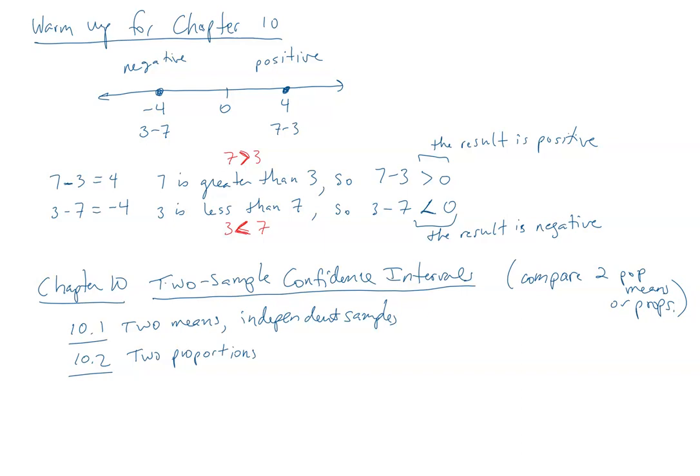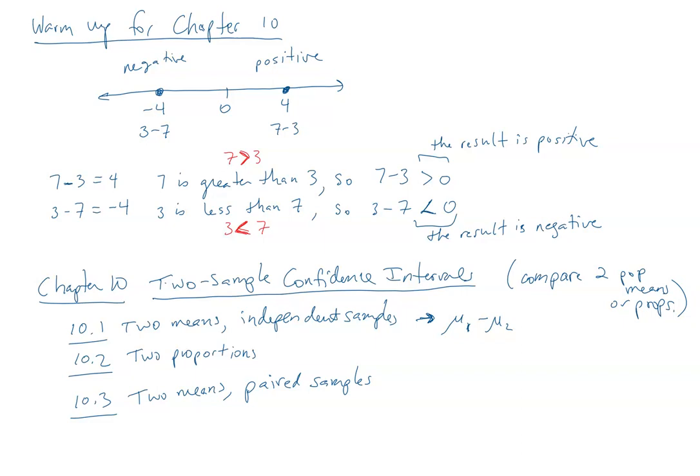It's going to be two means with independent samples, two proportions, and then in 10.3 we return to two means, but we're going to look at paired samples, which is another way of saying dependent samples. But in either case, we're going to be looking at things like mu1 minus mu2. What can we say about that result? Is it positive or is it negative?